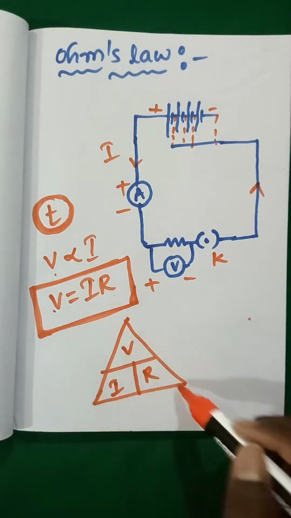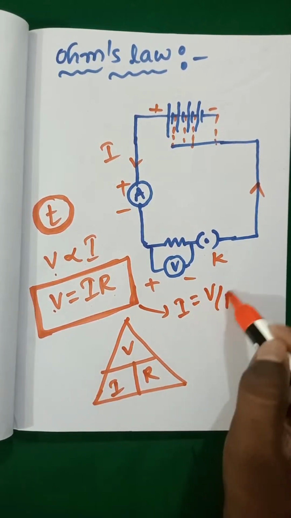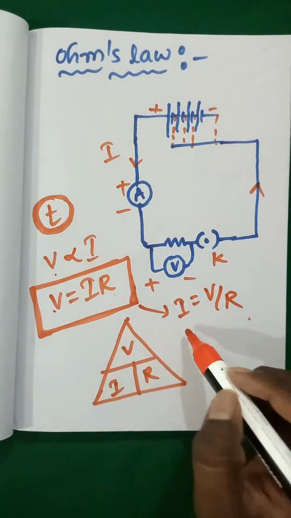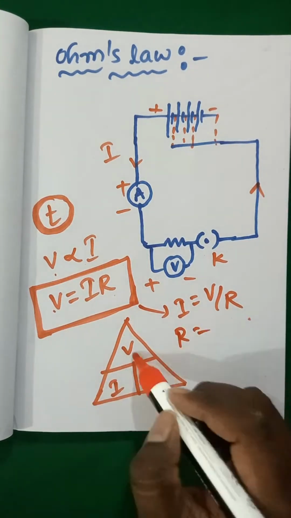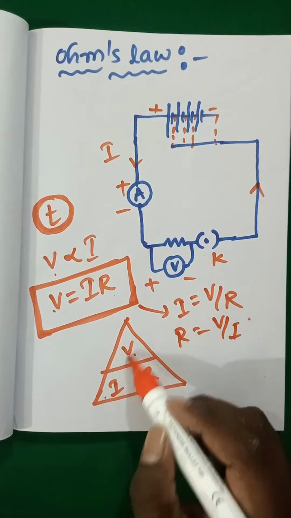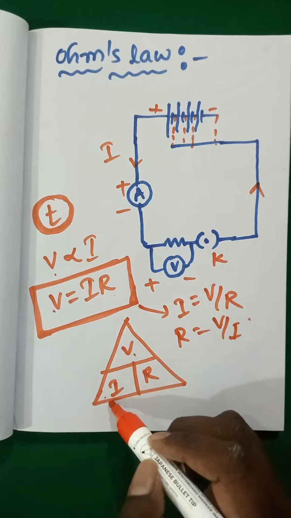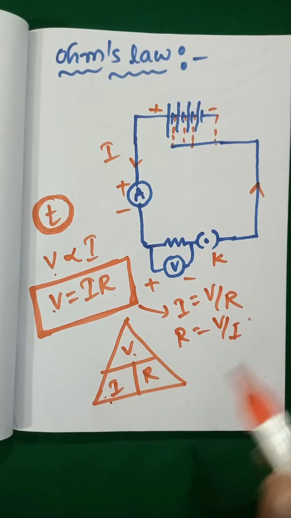I equal to V by R. So from this formula, I equal to V by R, and R equal to V by I. Okay, so make a note of it.